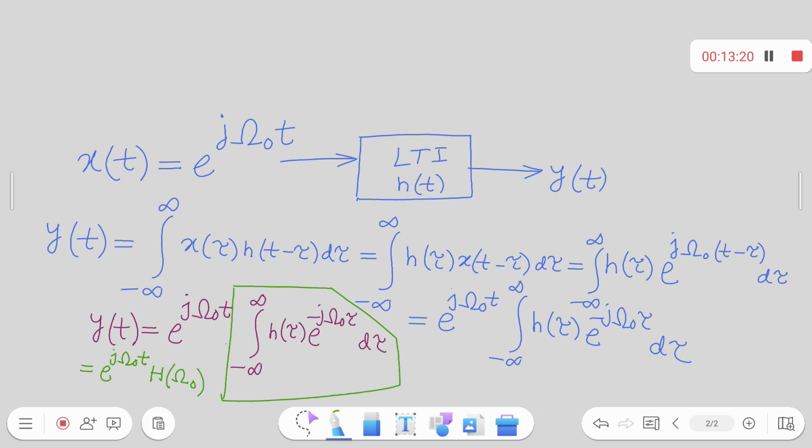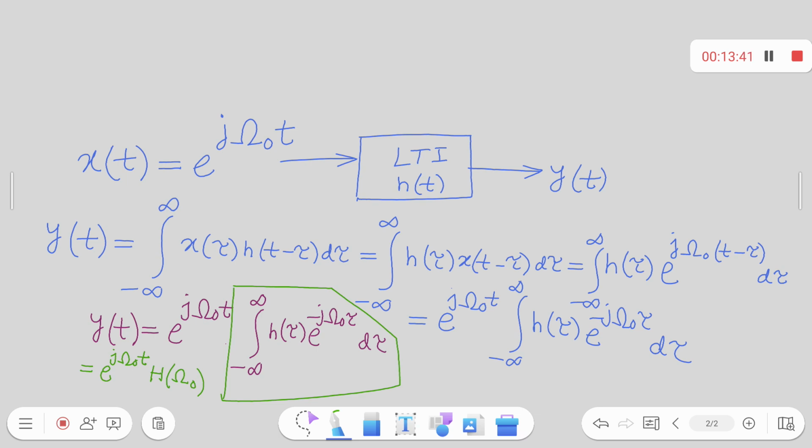Now that's a very interesting result. We have applied the signal x of t, that is equal to e to the power j omega naught t. In return, what I am getting is the signal back multiplied with some constant, which is a function of omega naught, obviously.